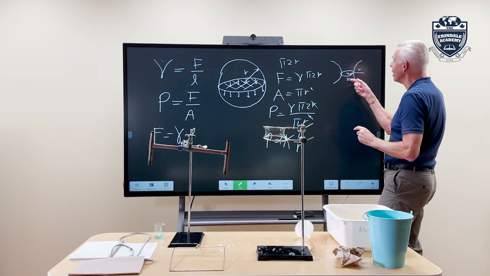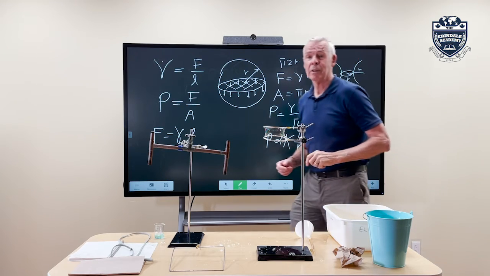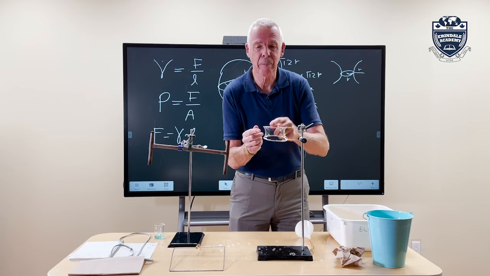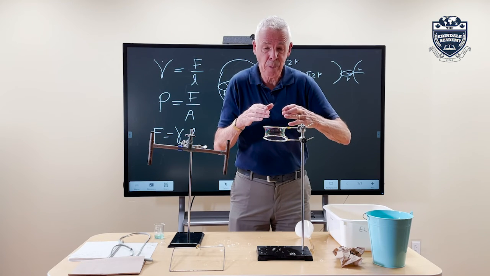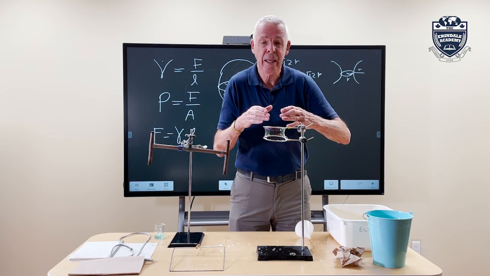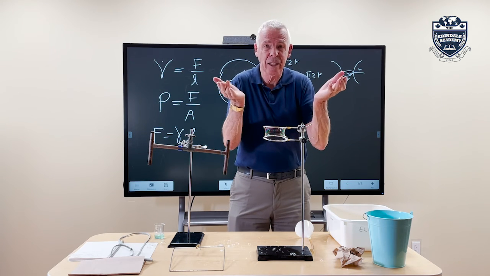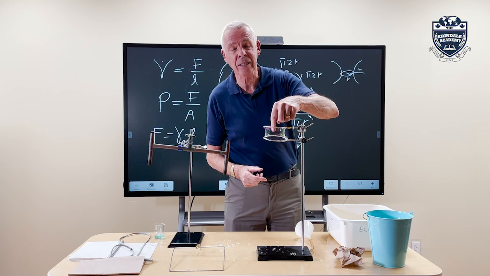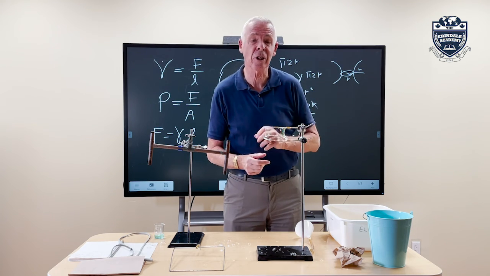And those r's are the same. So that means that the pressure being exerted by this curve is exactly opposed by the pressure exerted by this curve. And so this actually acts like a flat surface. This is called a catenary.